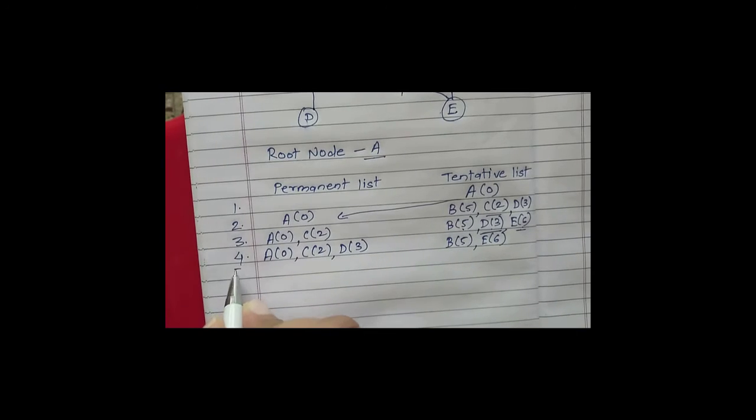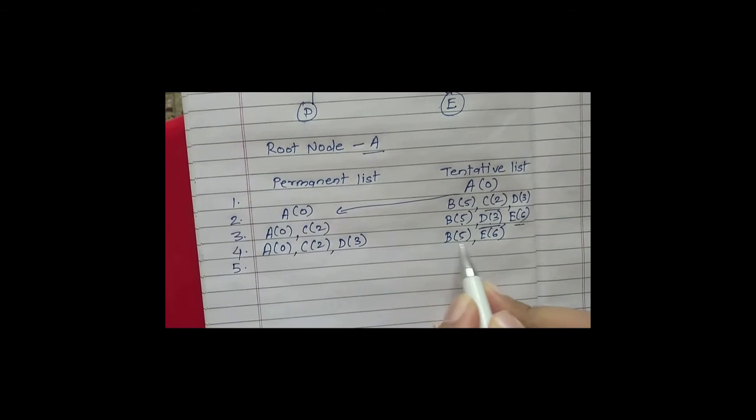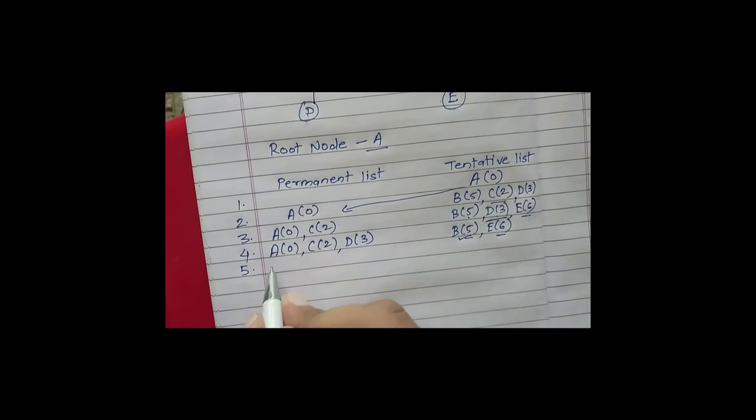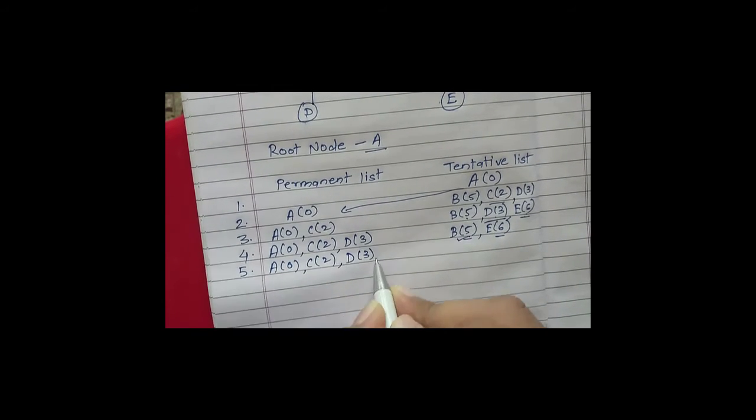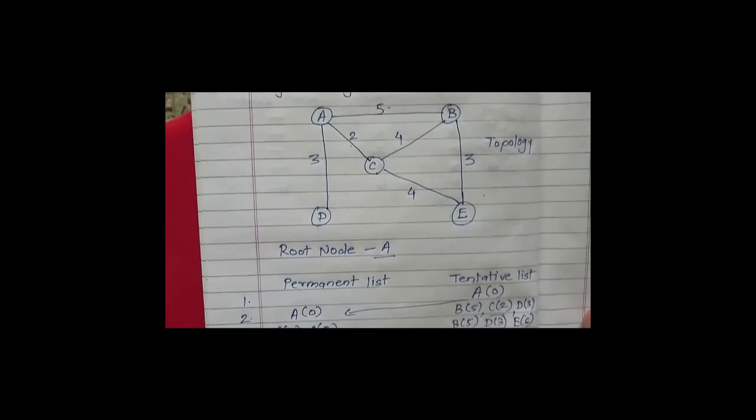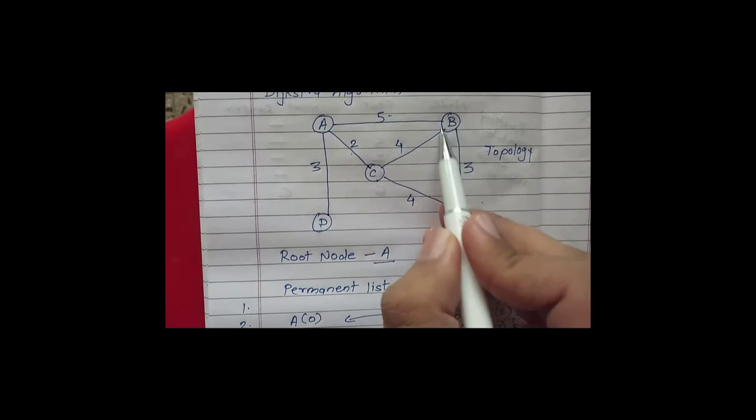And in the fifth step, among 5 and 6, the lower cost is B5. So next I have to move B5 to the permanent list. And what are the immediate adjacent nodes of B?